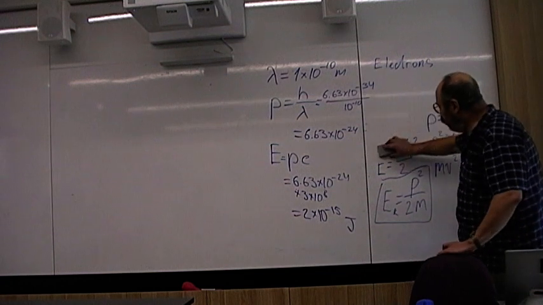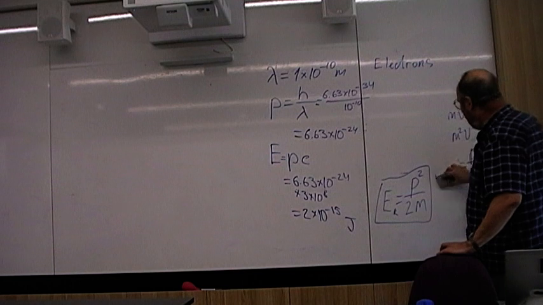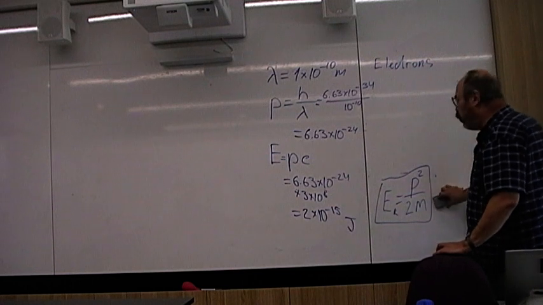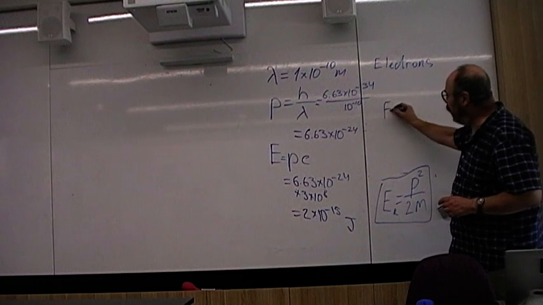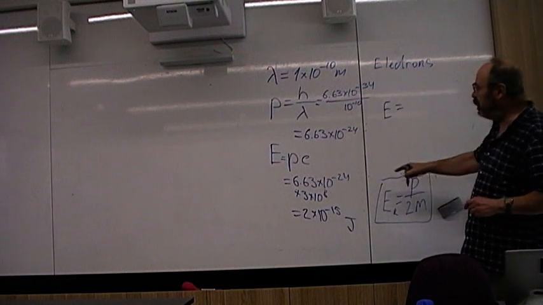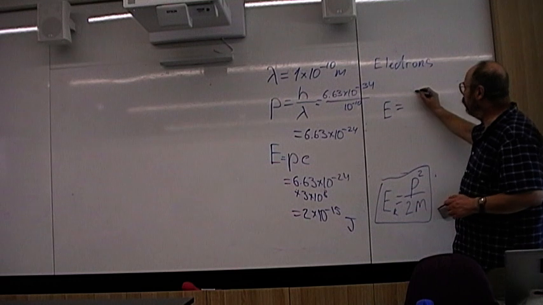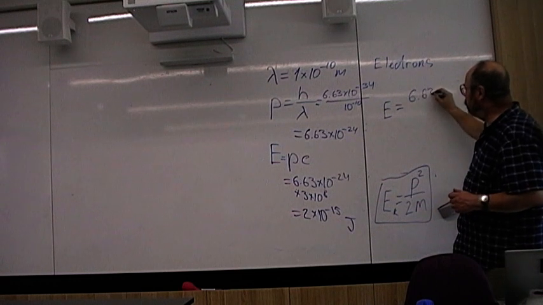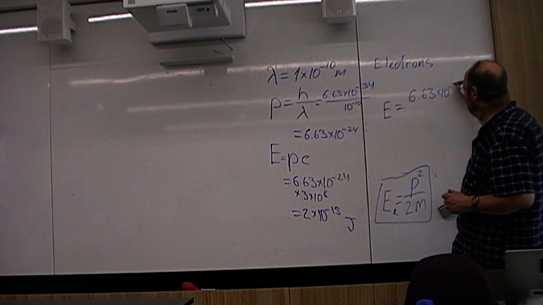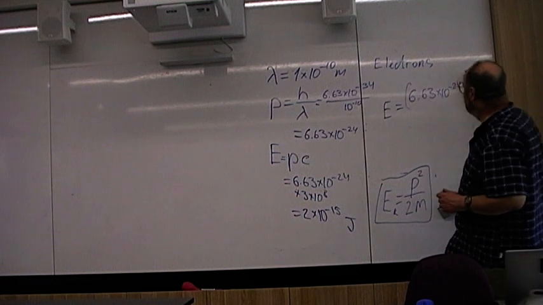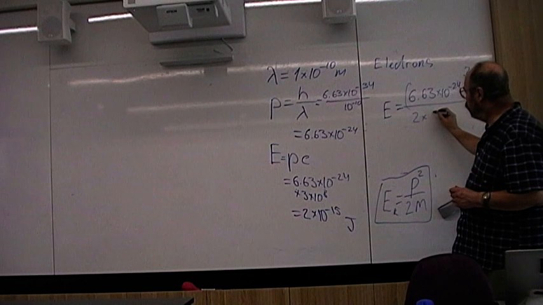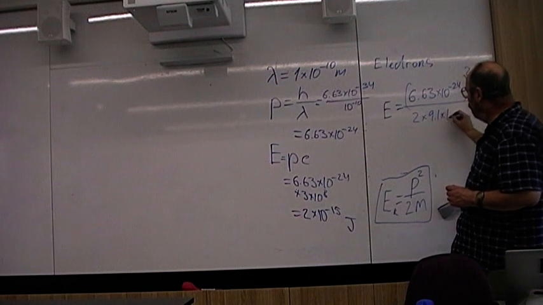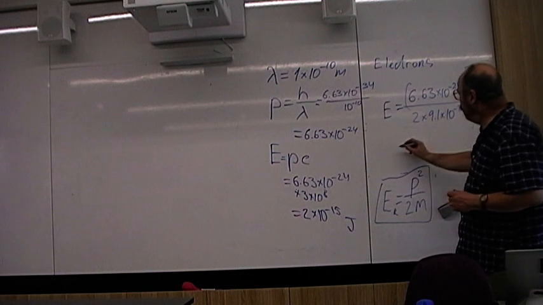Let's calculate what will be the energy of an electron to have the same wavelength, so the same momentum. Energy will be equal to P squared, where P is the momentum, so 6.63 times 10 negative 24 squared divided by 2 times the mass of the electron, 9.1 times 10 negative 31.